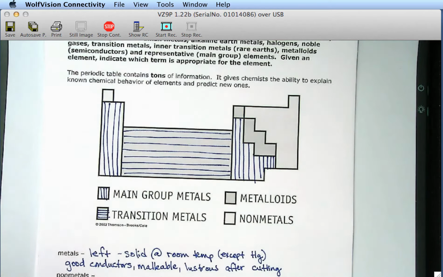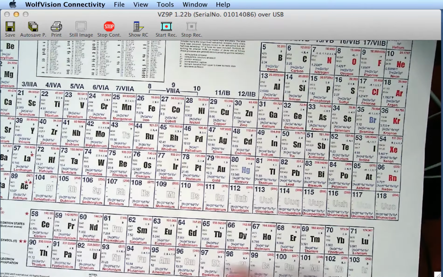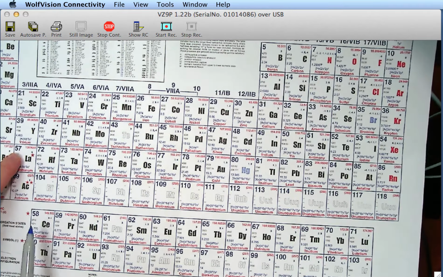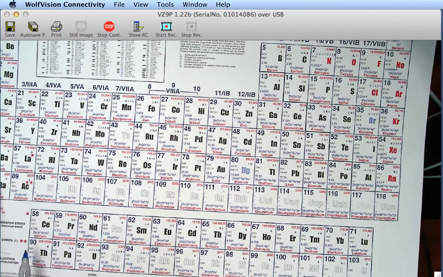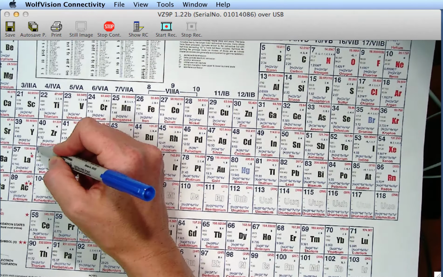Transition metals. And on your periodic table, not on this example that I have on page 19, you'll see there is another block at the bottom. These are inner transition metals. If you look at the numbers, it goes 56, 57, 58, 88, 89, 90. So they kind of fit in right here.